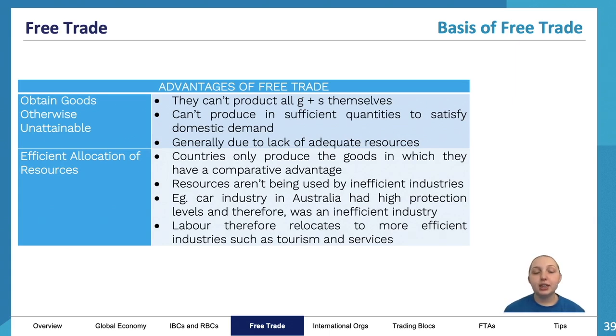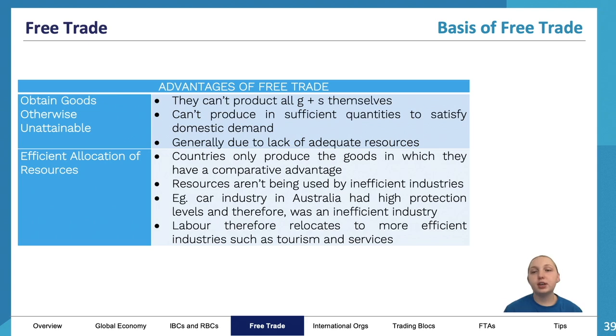The second big advantage is it enables the efficient allocation of resources. Generally, countries only produce the goods in which they have the comparative advantage, because otherwise resources aren't being used efficiently, or they're going towards inefficient industries. For example, if you ever want a good example to talk about in an essay or a short answer question, talk about the car industry in Australia.